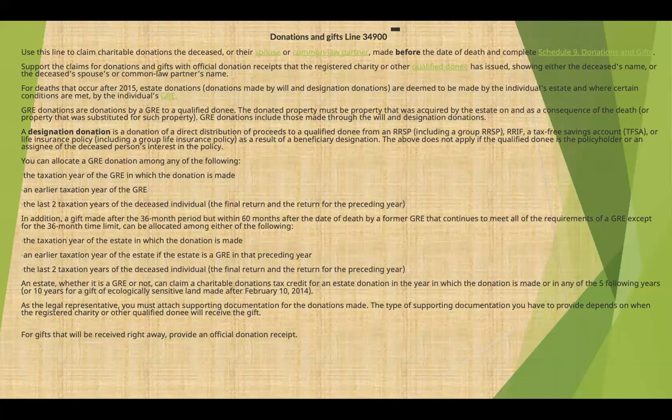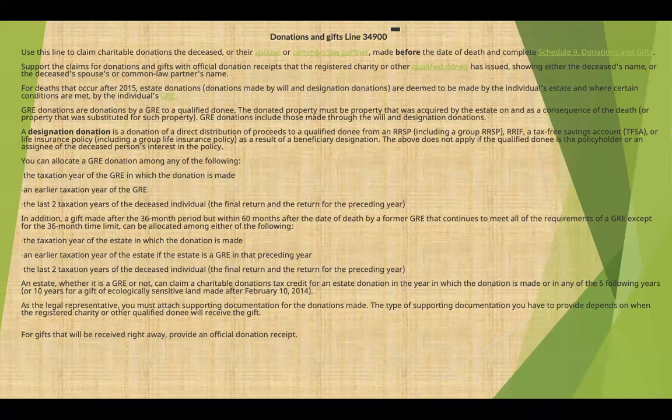So you can also allocate a GRE donation among any of the following: the tax year of the GRE in which the donation is made, an earlier taxation year of the GRE, the last 2 taxation years of the deceased individual.